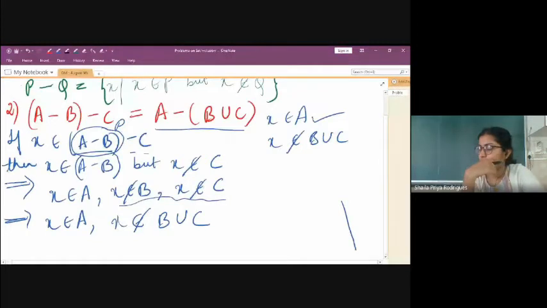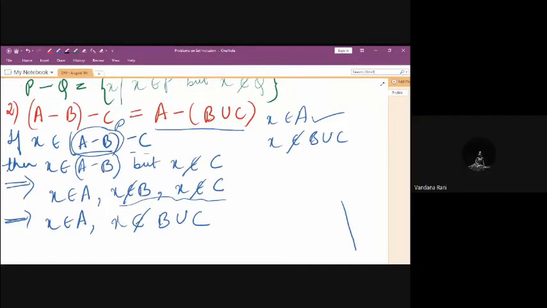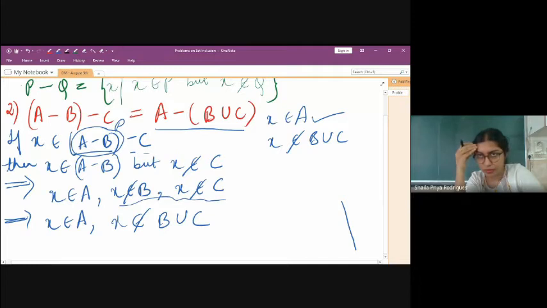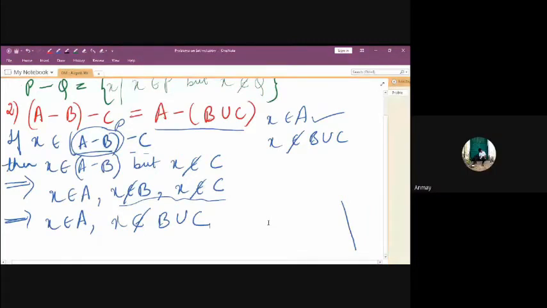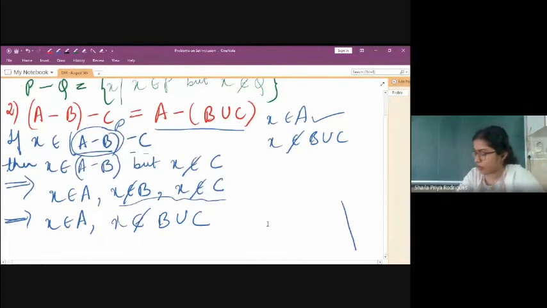If no, why? If yes, why? Okay, x belongs to A, x does not belong to B, and x does not. Yes? I can't hear you. It stopped midway. Yes. By definition, x does not belong to B or C.